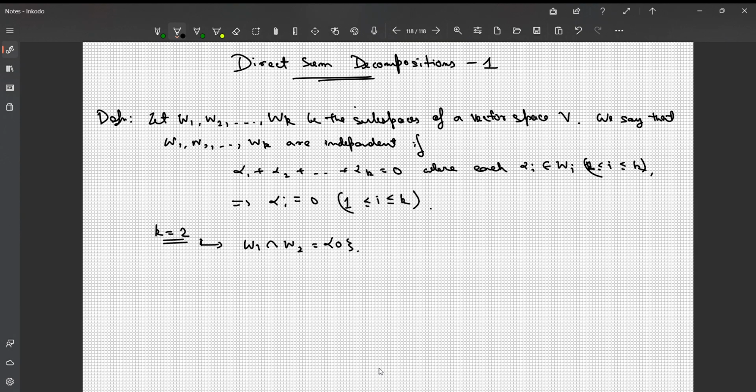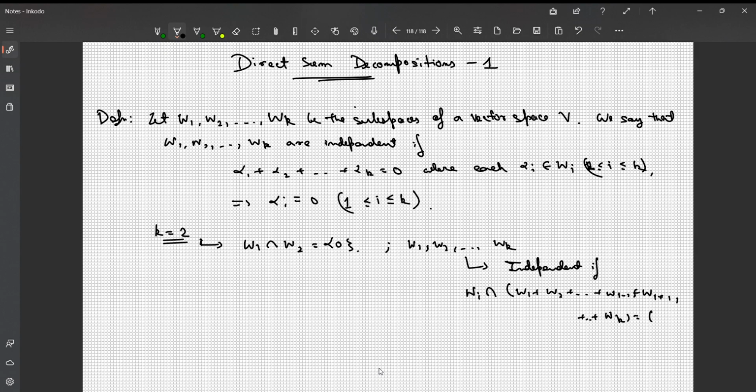If you have more than 2 subspaces, W1, W2 till Wk, then they are independent if for each i, Wi intersection the sum of all the other subspaces, W1 plus W2 and so on till Wi minus 1 plus Wi plus 1 and till Wk, is 0. Is it clear? Got it? Okay.